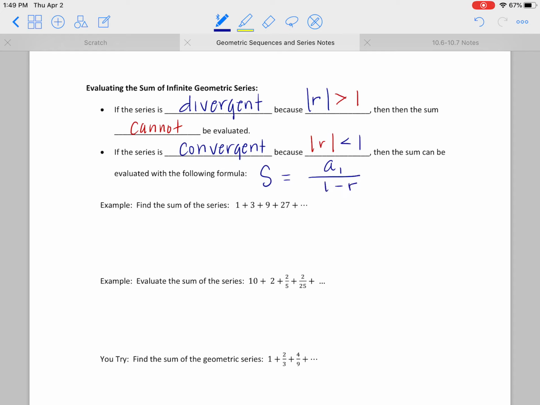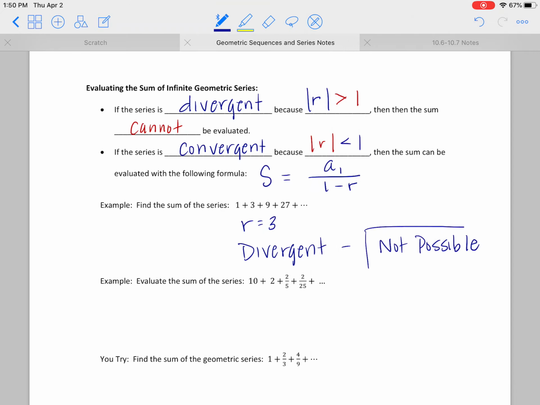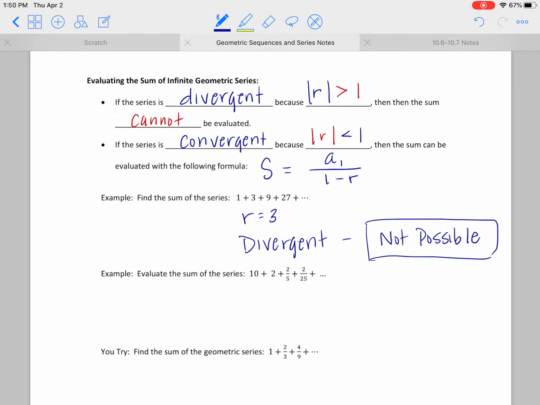So we're just going to say the sum is equal to the first term divided by 1 minus the common ratio. Okay, so looking at the first example, since the common ratio here is 3, multiplying by 3 to get from one number to the next, the numbers that continue here are going to get bigger and bigger and bigger. It means when we find our sum every time, it gets bigger and bigger. So we would say that this is a divergent series, so it's not possible to find the sum.